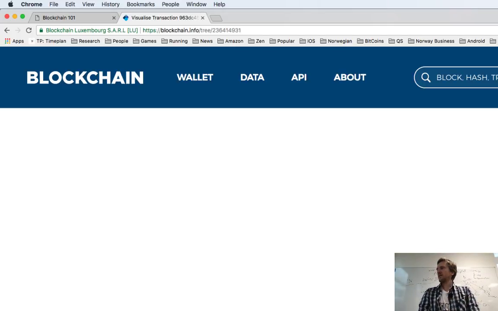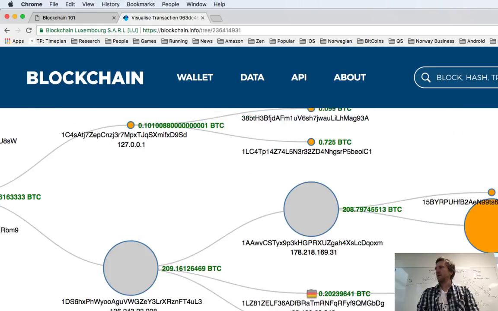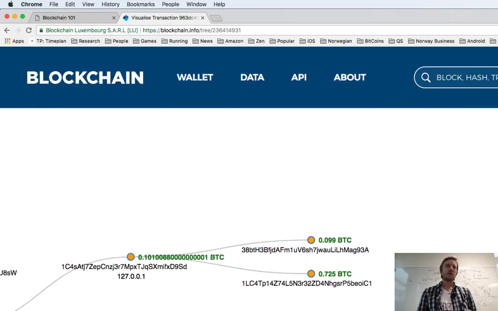Another thing like this will happen when the mining pool distributes the funds to the miners, right? So it's very likely that this is a payment from the mining pool once a month or once in a while, saying, okay, that's your share, and off you go.